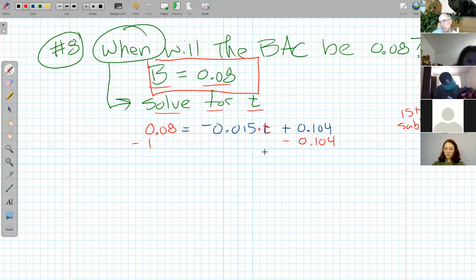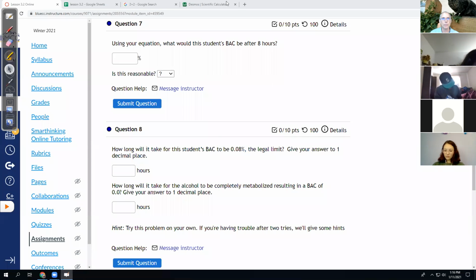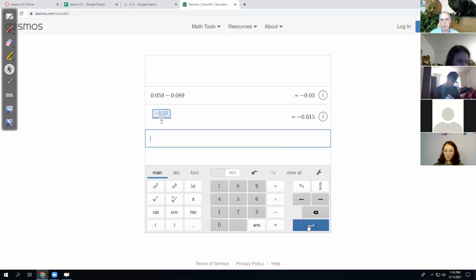And then my belief is the best first step is to get rid of this addition by subtracting it to the other side. So I'm going to subtract that 0.104. And I don't feel like doing that in my head, so I'm going to ask my calculator. What is 0.08 take away 0.104?